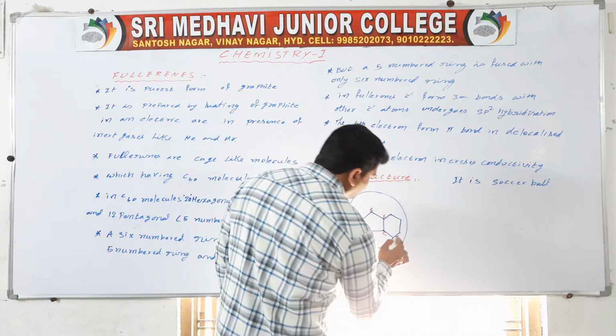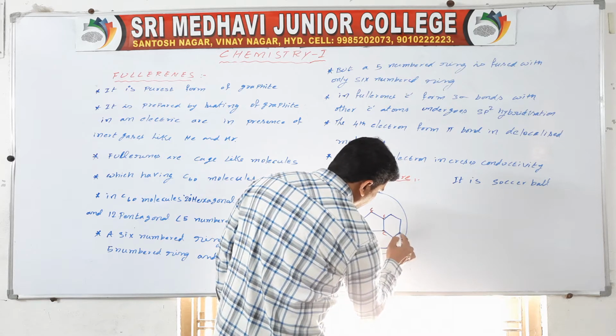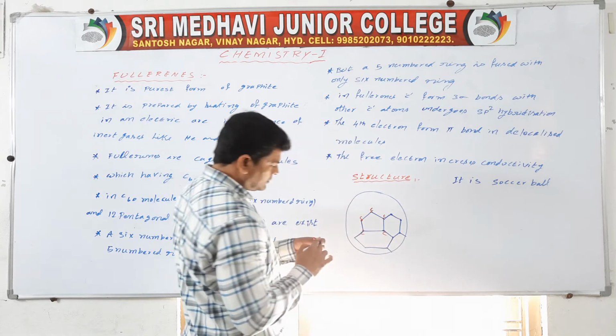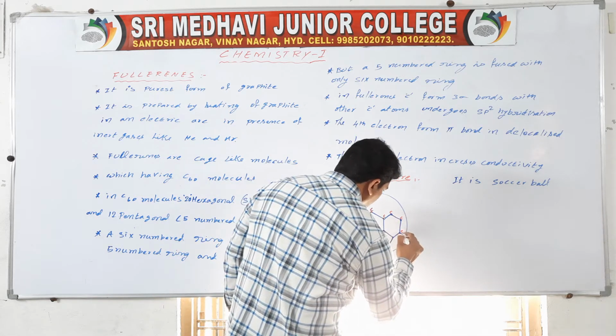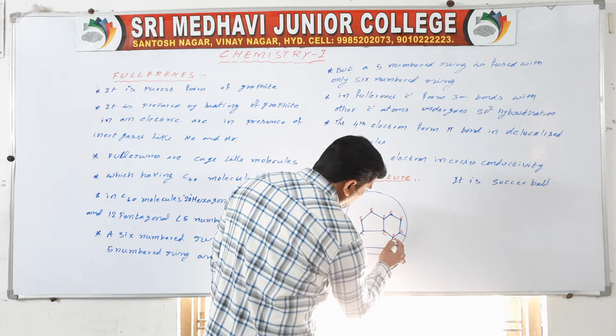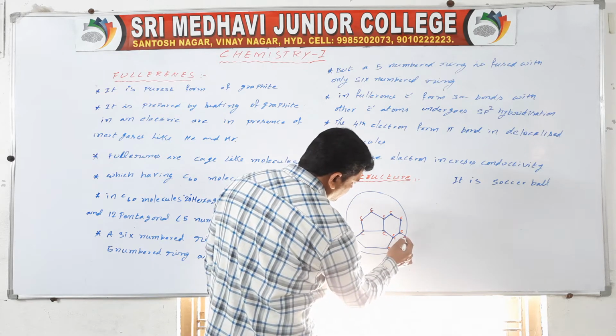Okay, it is a 6 numbered ring. Okay, so it is a 5 numbered ring. 1, 2, 3.